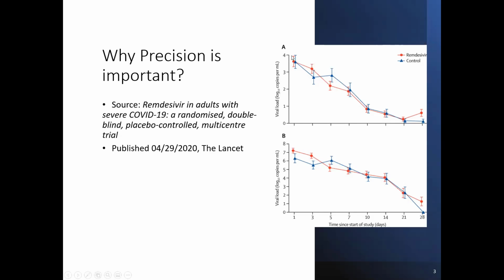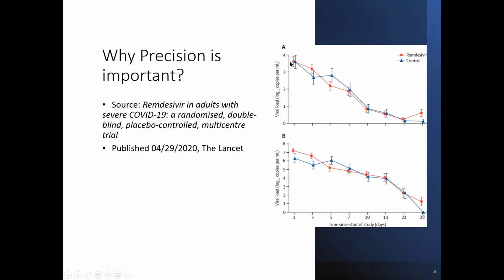In A, the vertical axis is the viral load, so the virus concentration we got from the patient. The horizontal axis is the time since the start of the study in days, from day 1 all the way to day 28.